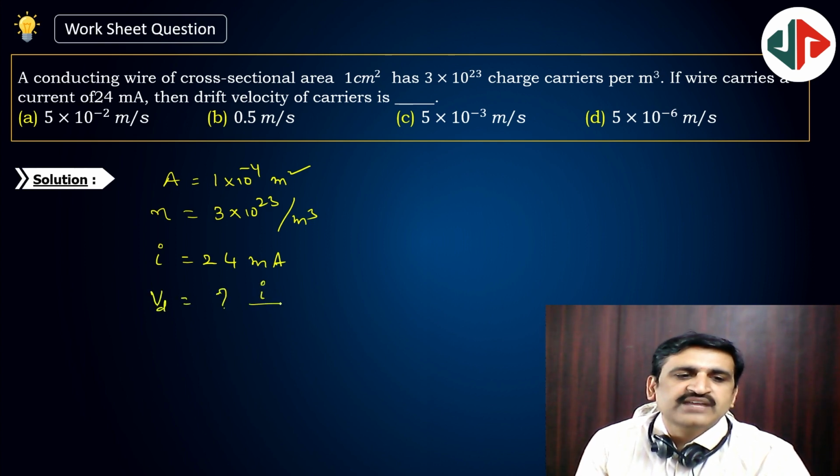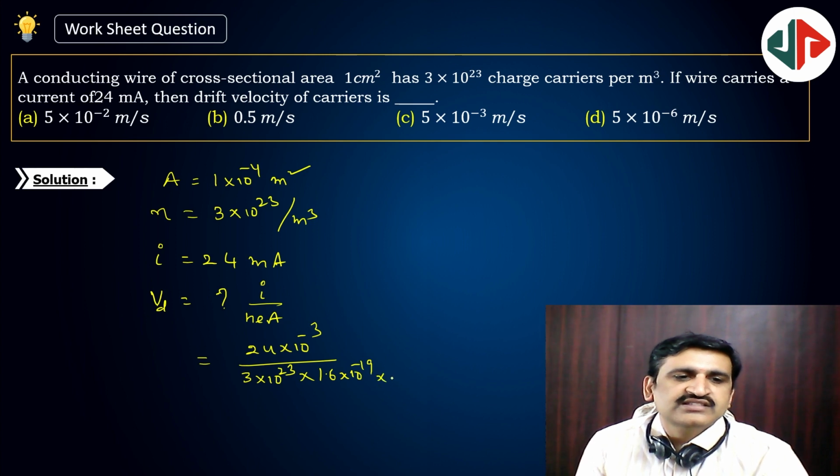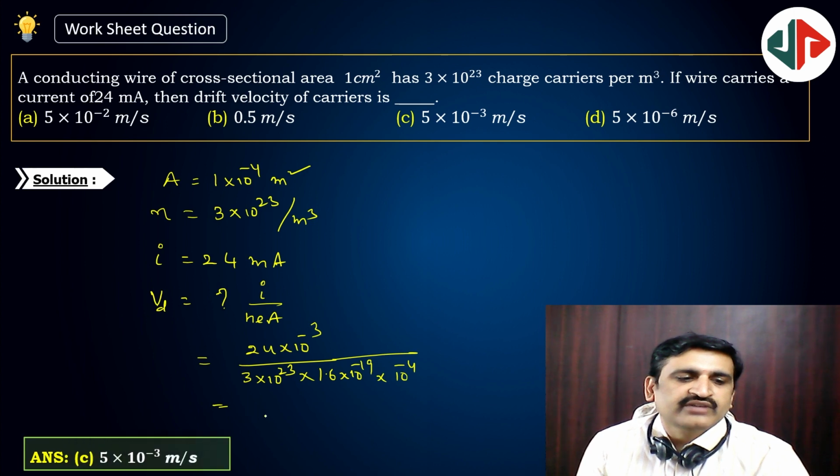Drift velocity is I by NeA. I value 24 milliamps, 10 power minus 3. N equal to 3 into 10 to the power of 23. e is 1.6 into 10 to the power of minus 19. A is 10 to the power of minus 4. I don't want to waste my time. You can take the simplified value, 5 into 10 to the power of minus 3.